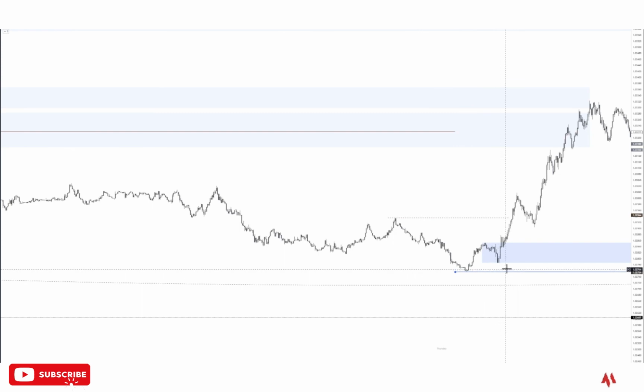Getting into London session, we already had our first sign of strength. We were waiting for price to get into our discount pricing to look for continuation trades, to look for counter trades at least to the 50% or to these supply zones.